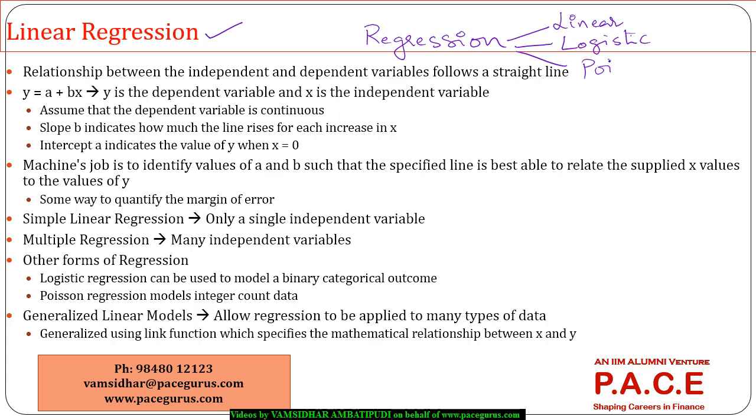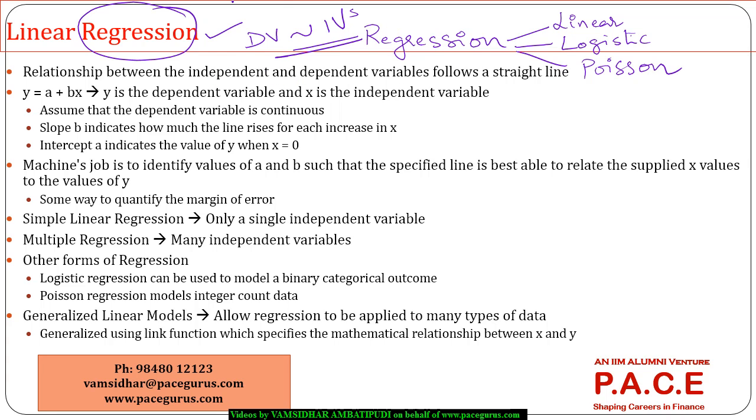There are various other kinds of regression. Regression as a definition is nothing but a relationship between the dependent variable and one or more independent variables.